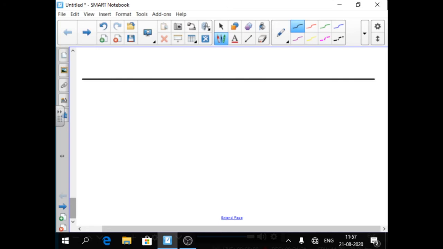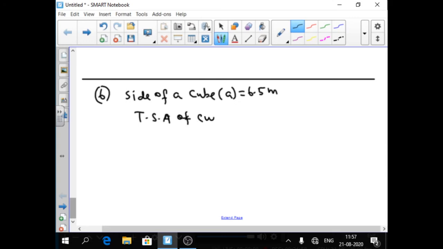So sixth problem. Side of a cube, a is equal to 6.5 meter. Total surface area of cube is equal to 6a squared units, we already know the formula.